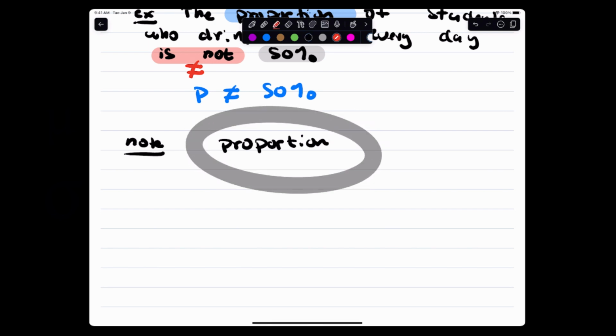A proportion is really like a percent or probability.